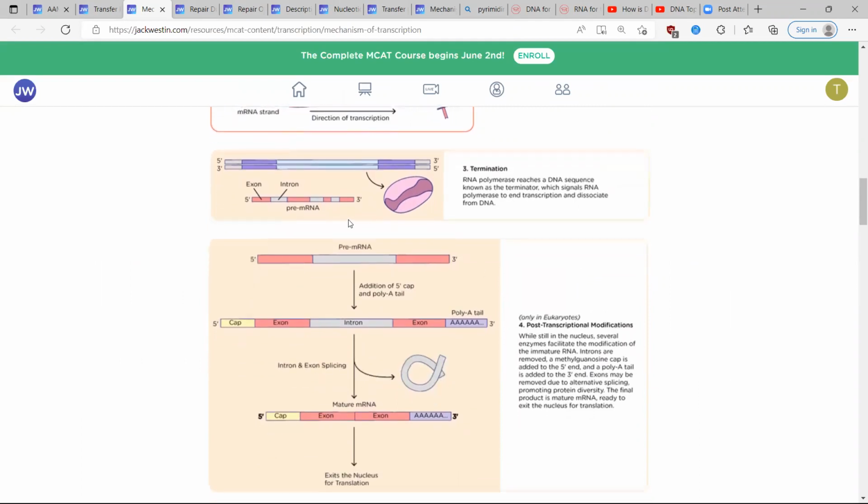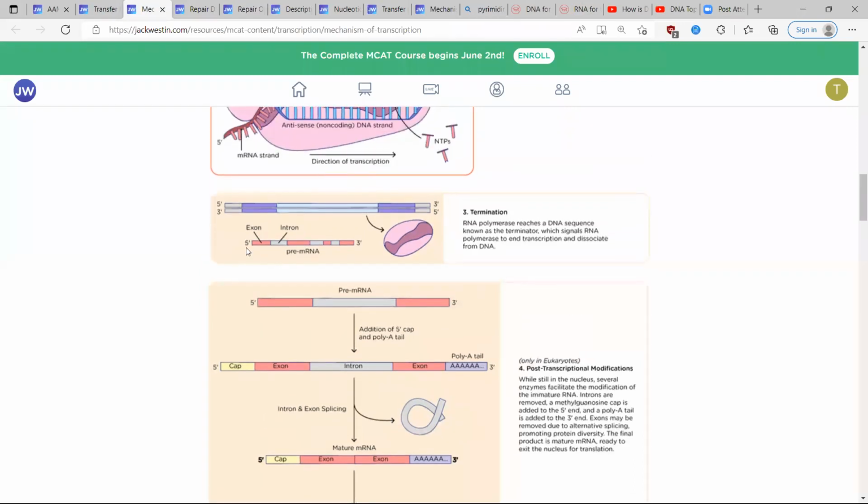So now we've created our mRNA, right? And this is a copy of one of the DNA strands. Actually, just from these numbers, you can tell exactly what was copied and what wasn't. This is a 5-3, right? So this is a copy of the top one, which is the 5-3.